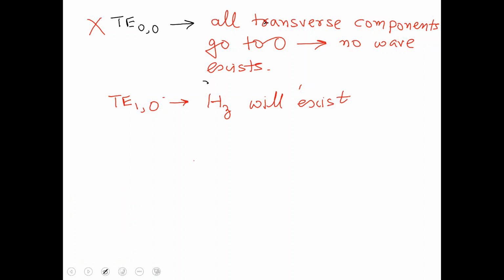But now what will happen is, because the n is equal to 0, Ex doesn't exist, but Ey does.